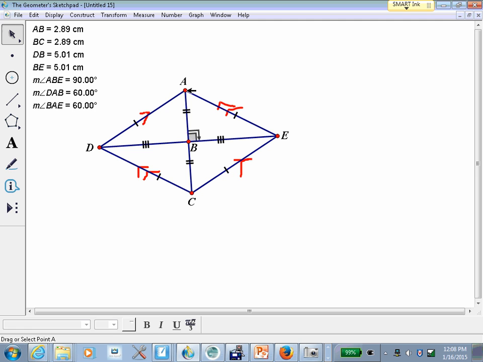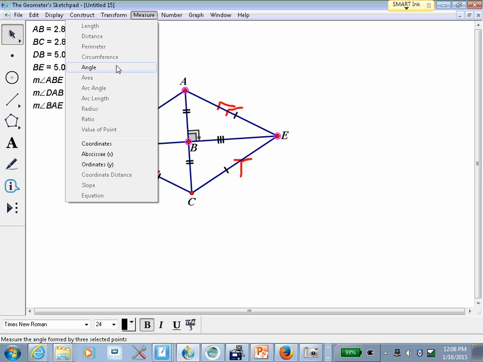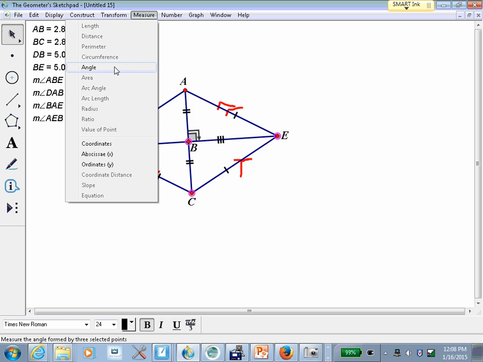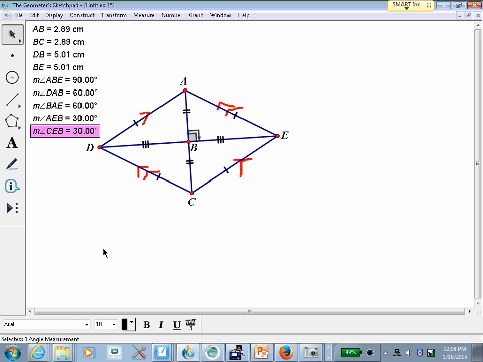Do you think the same thing happens at angle E? So if I measure AEB, I get 30 degrees. So the diagonals are also bisecting the angles of the rhombus.